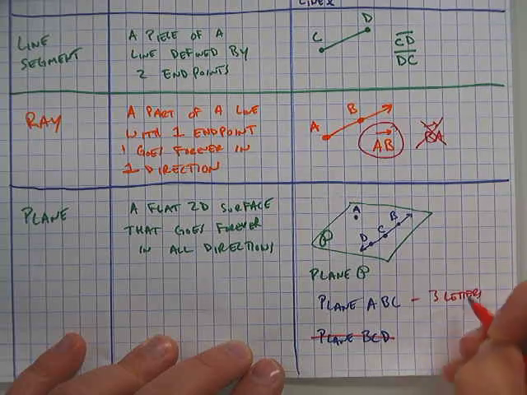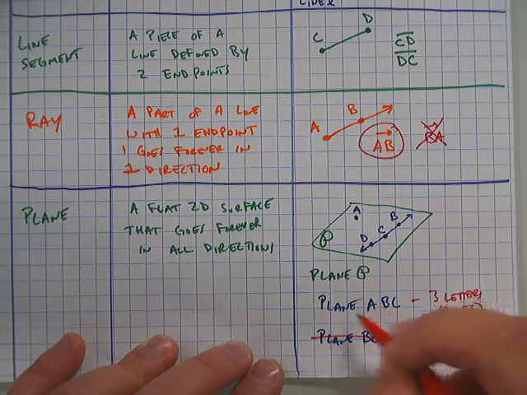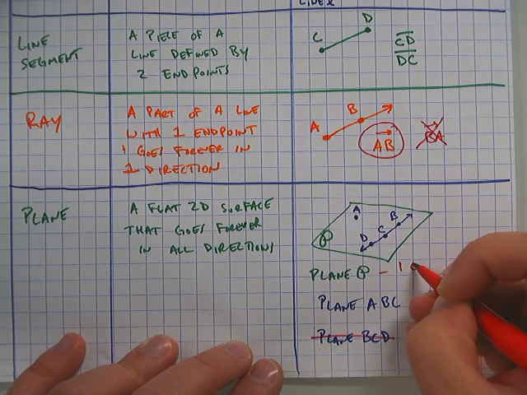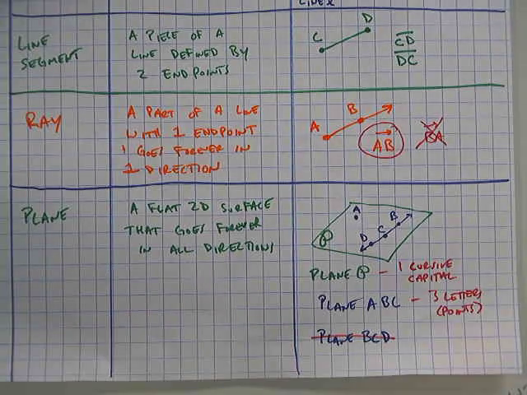That would not work because these 3 points are all on the same line together. Okay, so you can use 3 letters, three points that are in your plane, or you can use 1 cursive capital. Those are your naming possibilities for planes here.